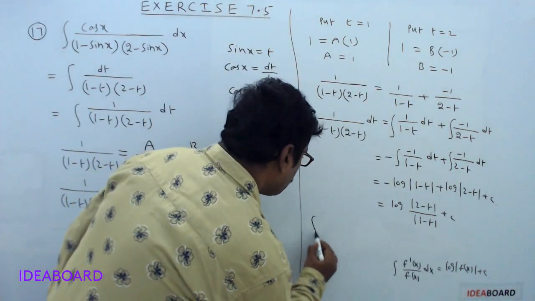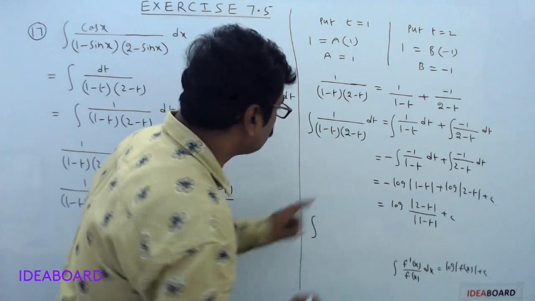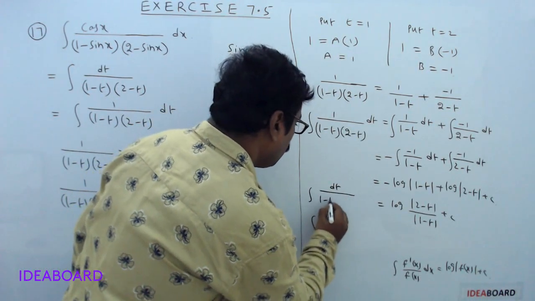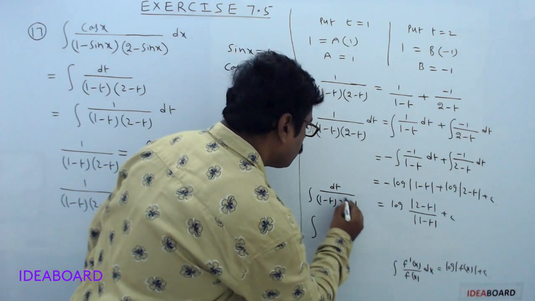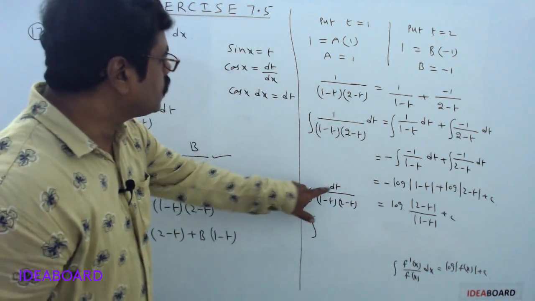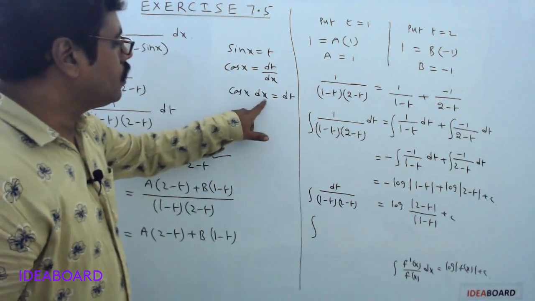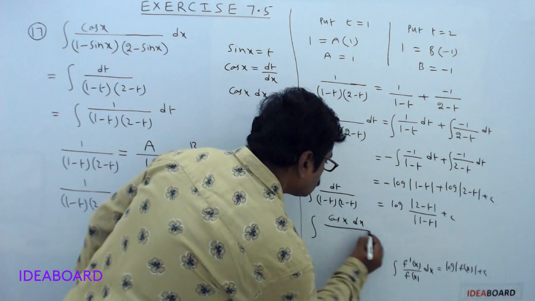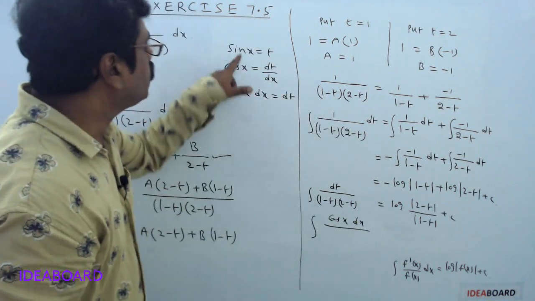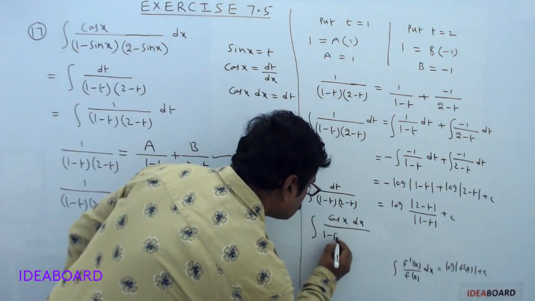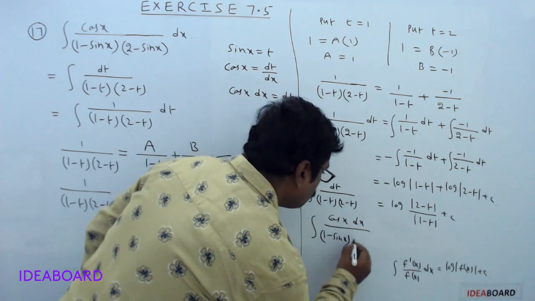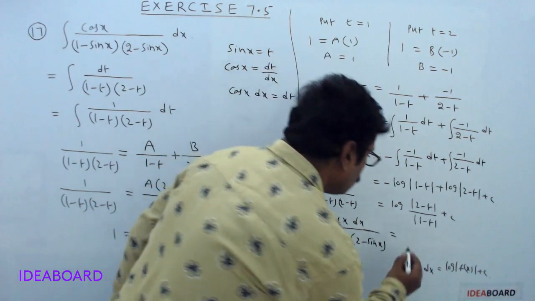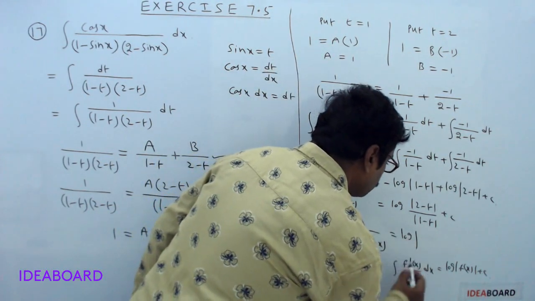Now therefore this value is equal to integral dt divided by (1 minus t) into (2 minus t). Now in place of dt you can write cos x dx. This is cos x dx divided by, in place of t, sin x. This is (1 minus sin x) into (2 minus sin x) equals log mod.